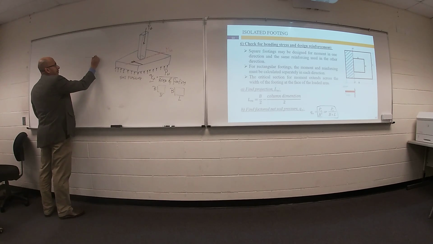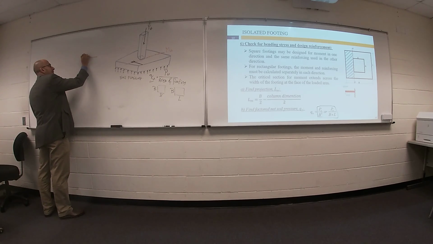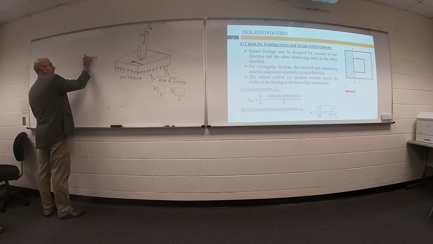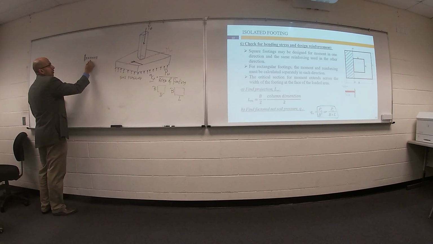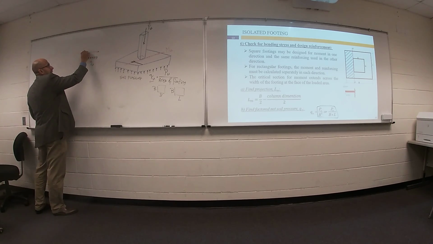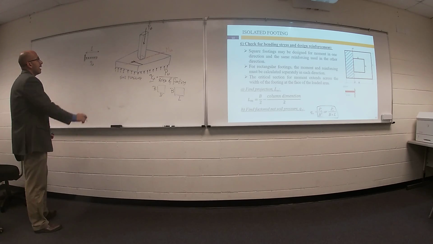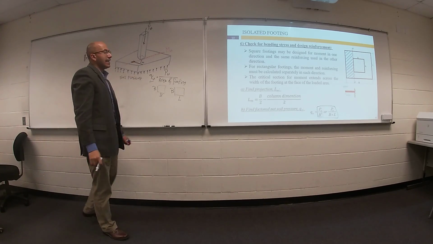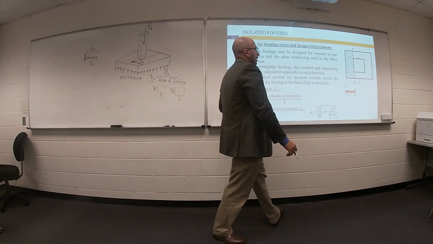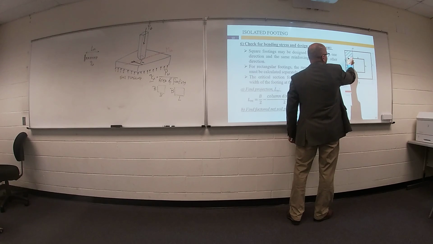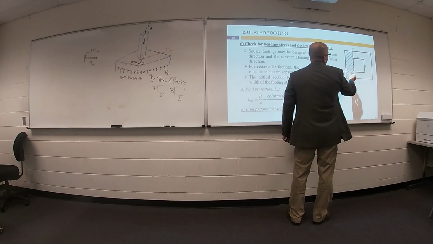So we have a beam and fix it, and we have pressure coming from the soil to the footing. This load equal Q ultimate, and this length equal LM. Your LM is the distance from the face of your column to the edge of the footing.